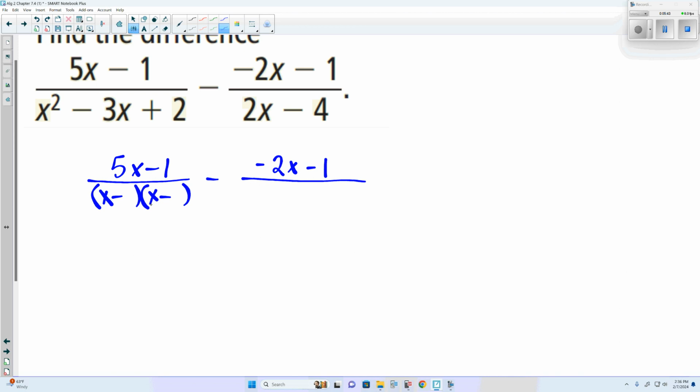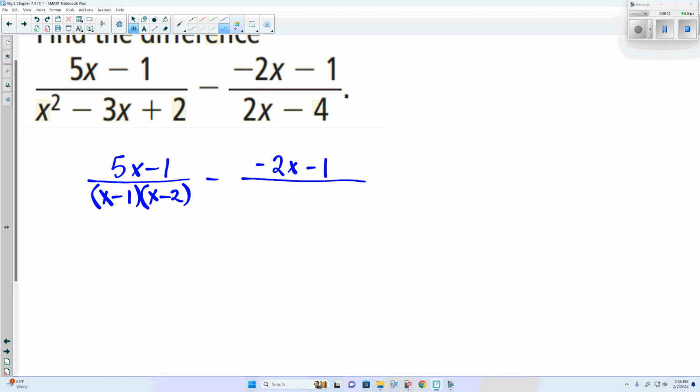Factors of 2: 1 and 2. Now we can check this to make sure: x times negative 2 is negative 2x, negative 1 times x is negative x, giving us a middle term of negative 3x. So that's fine. That's factored completely.